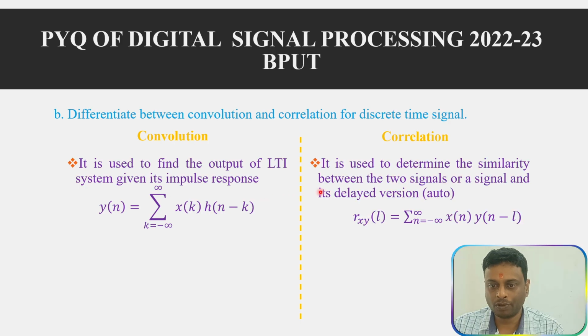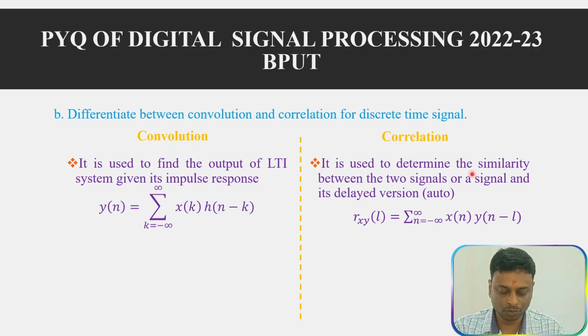Correlation is used to determine the similarity between two signals, or a signal and its delayed version. If we use a signal with its delayed version, that is autocorrelation. If the two signals are different, that is cross correlation, written mathematically as R x y of l equal to summation over n from minus infinity to plus infinity of x of n y of n minus l.